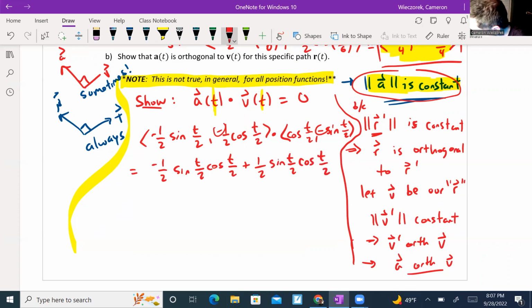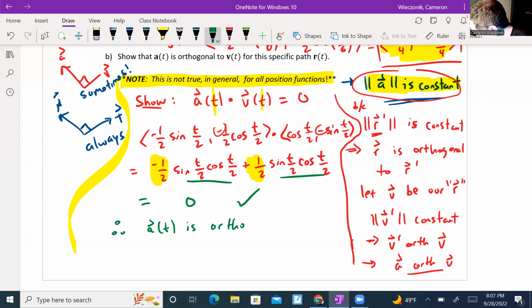And now we can see like terms, a negative 1/2 and a positive 1/2 with the same ending. This gives us 0. So therefore, a of t is orthogonal to v of t. That was the goal.